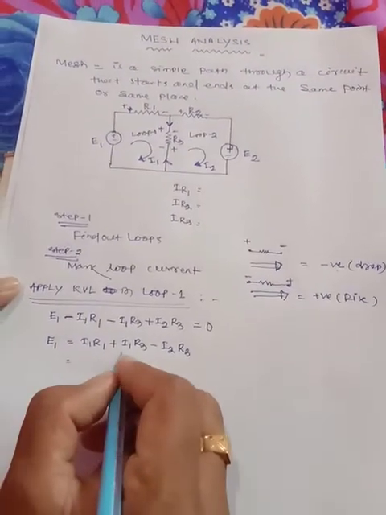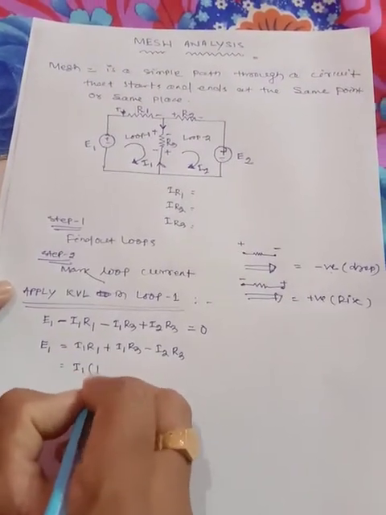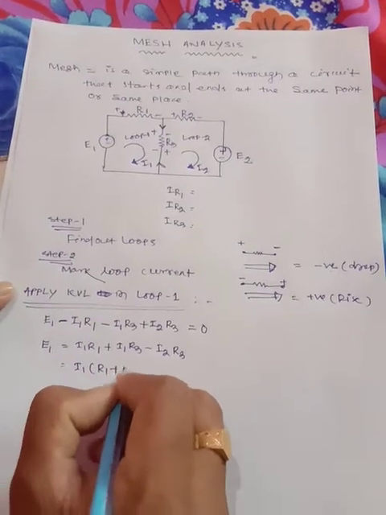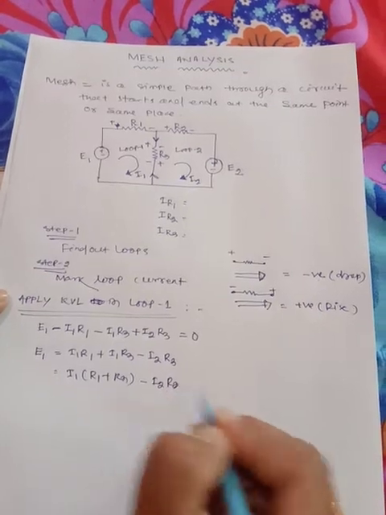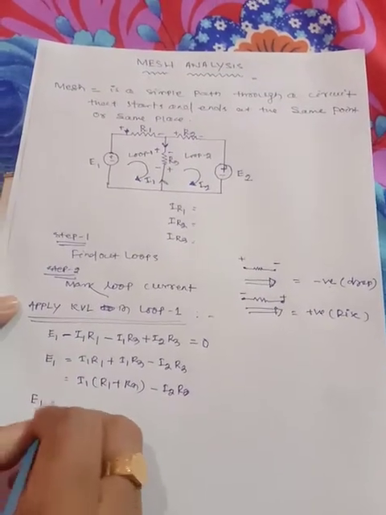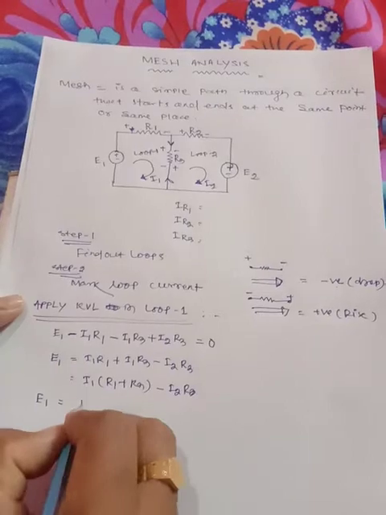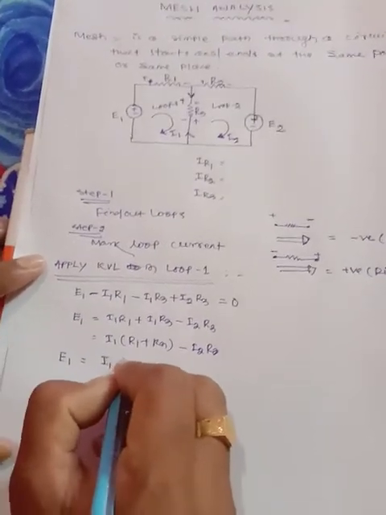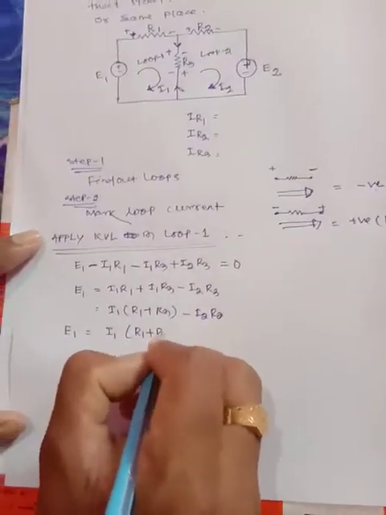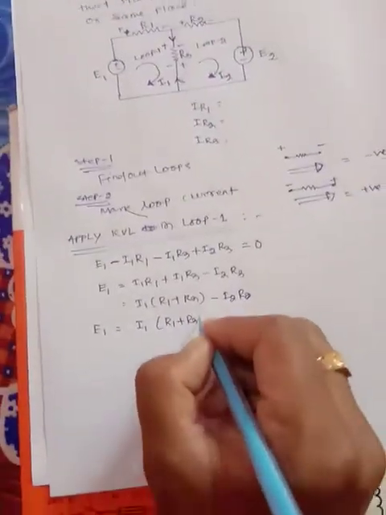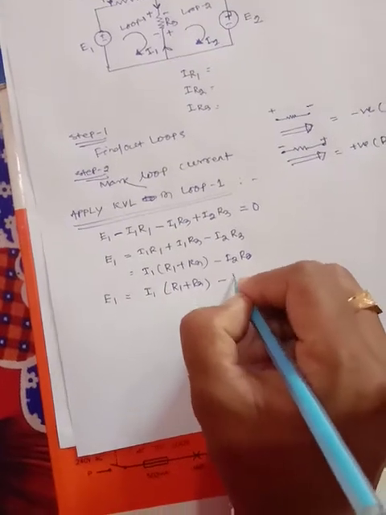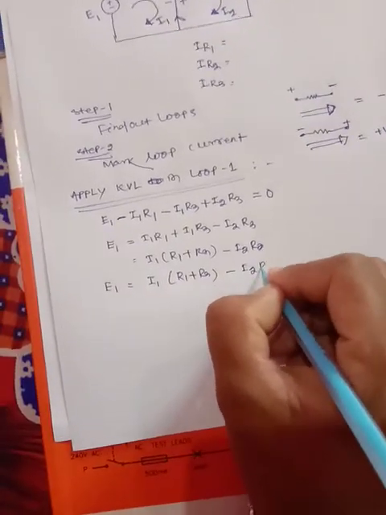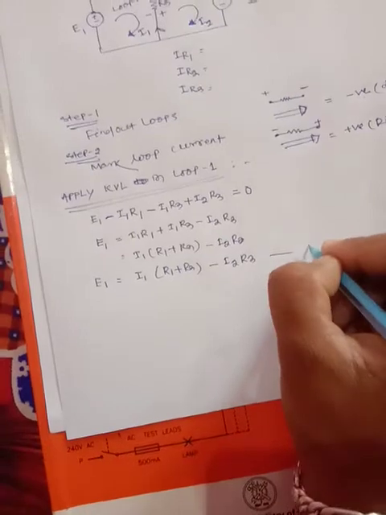Here I1 is common, so E1 equals I1 times (R1 plus R3) minus I2 R3. That is equation 1.